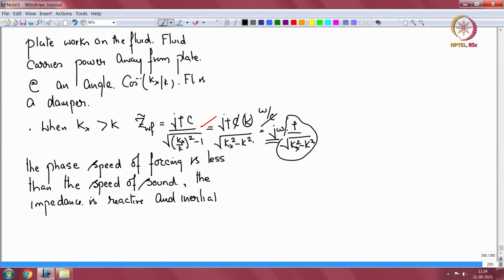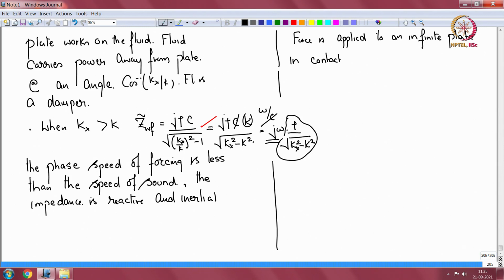Now when a force is applied to an infinite plate in contact with a fluid, then what do we have?